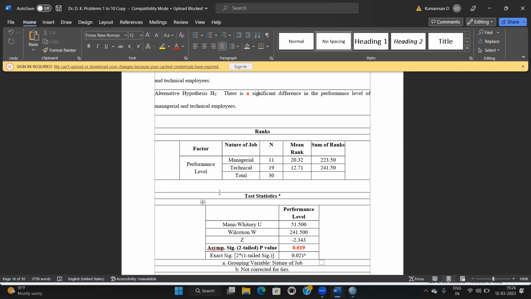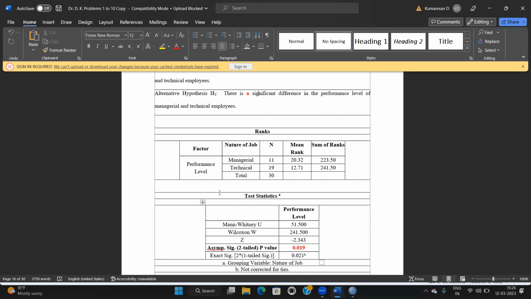Based on that logic, here we are given mean ranks of managerial and technical employees. What is the mean rank of managerial employees? It is 20.32. What is the mean rank of technical employees? It is 12.71.